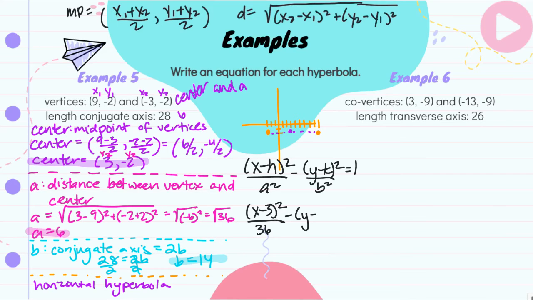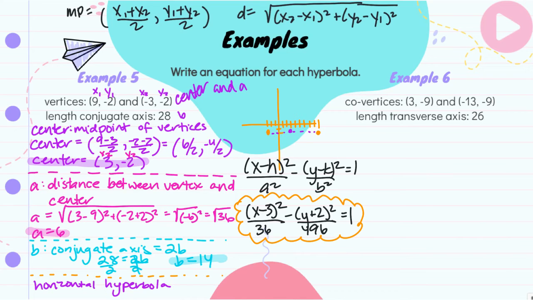Y minus k would be negative 2, so that's plus 2 squared. B is 14, and then 14 squared is 196 equals 1. And so there we go. There is our equation for that hyperbola. I know that's a lot of work, but the more of these you practice, the quicker and easier they become.